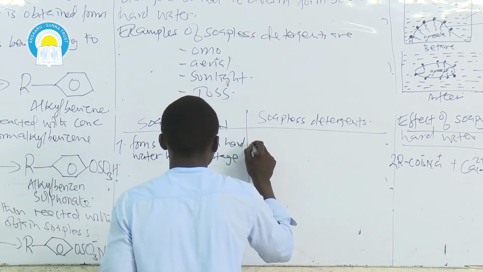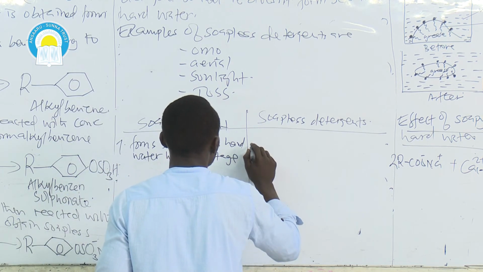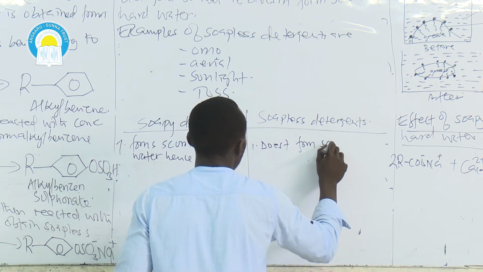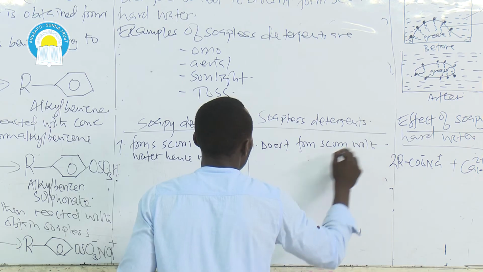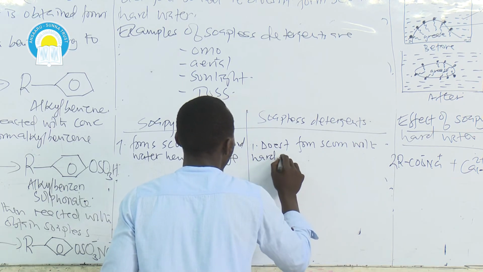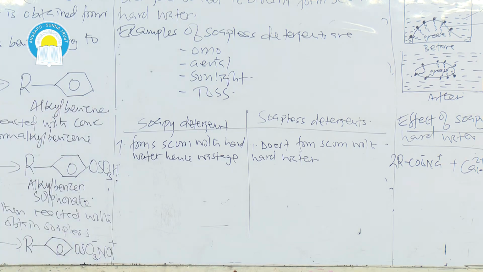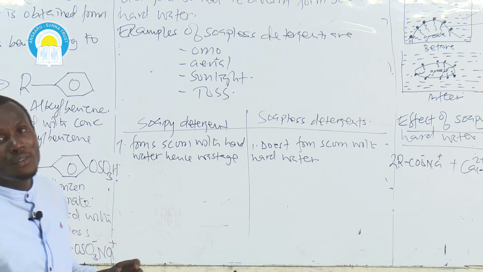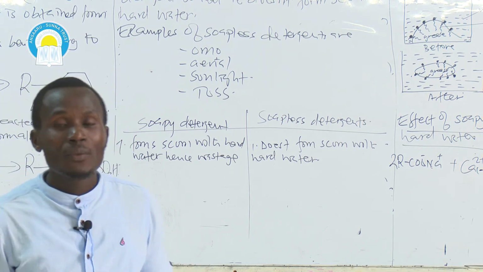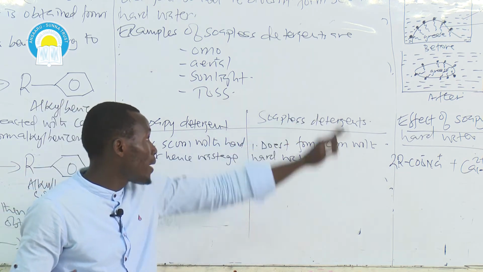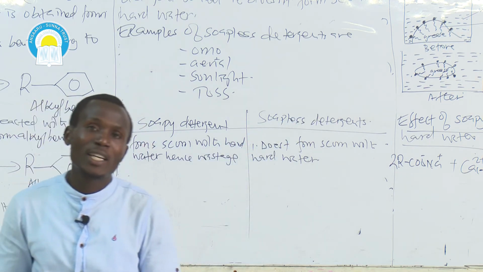The soapless detergent doesn't form scum with hard water. That is one of the differences between a soapy detergent and a soapless detergent. So if you are living in a place where there is hard water, it is preferable that you use a soapless detergent when carrying out cleaning.